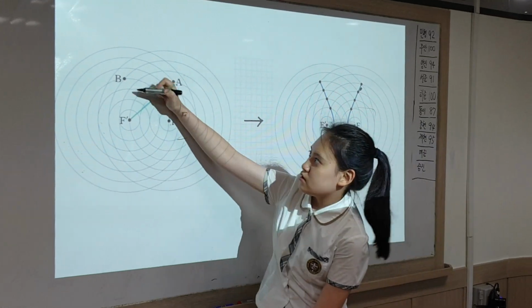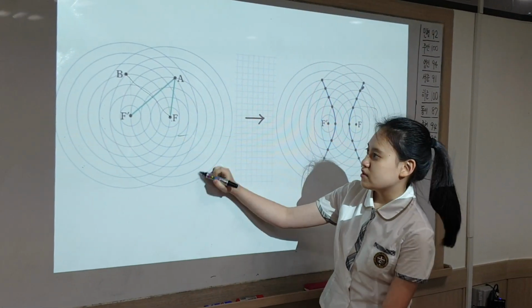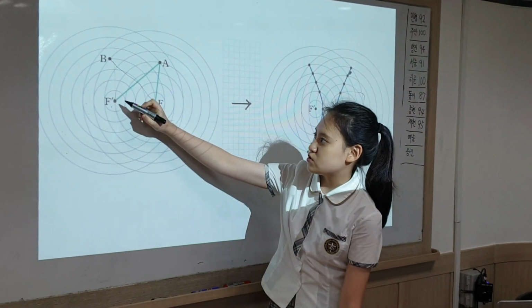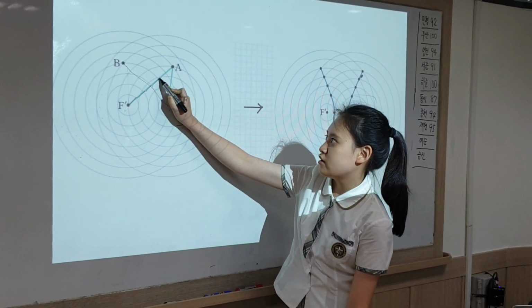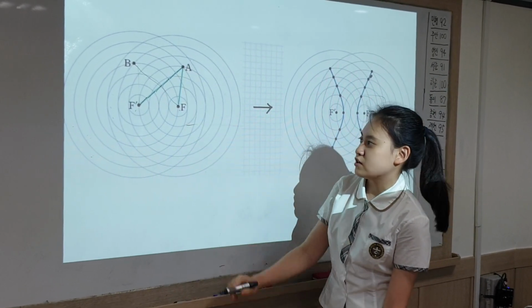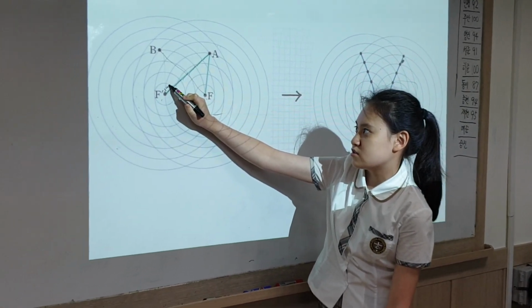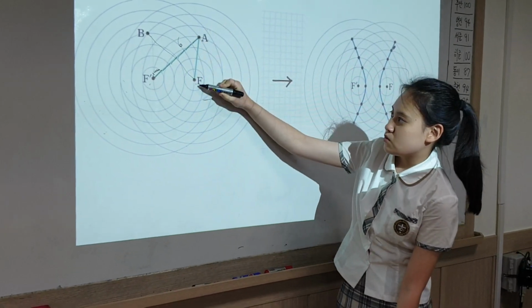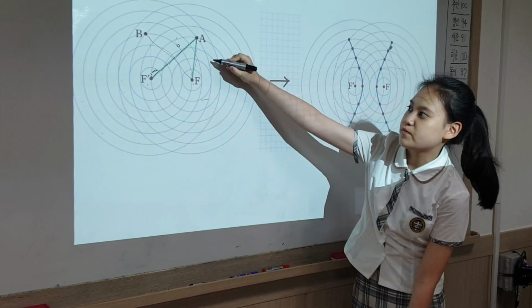Let's find the distance of F prime and A, which will be 1, 2, 3, 4, 5, 6, if you assume that this is one unit. So this will be 6, and this will be 1, 2, 3, 4, which will be 4.